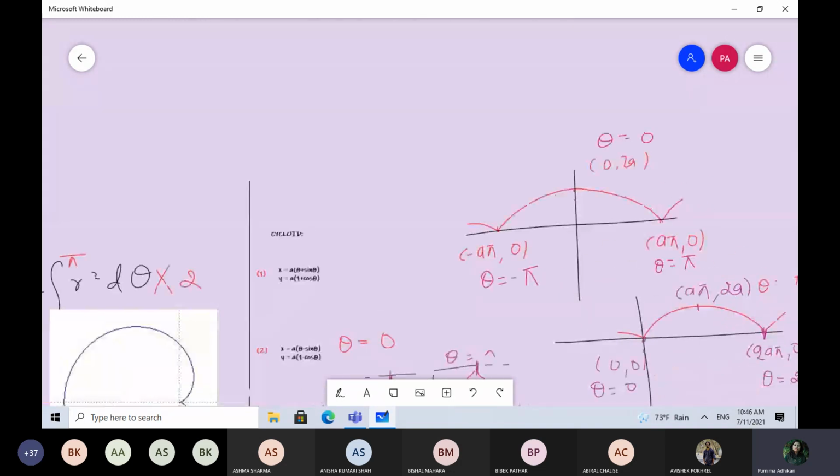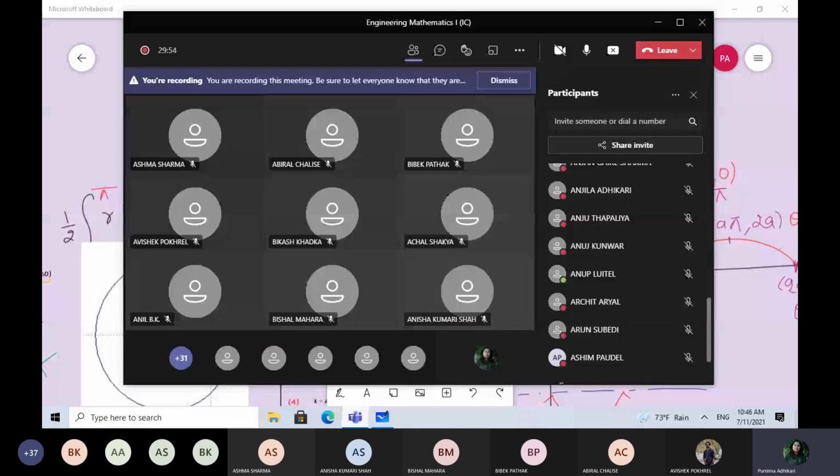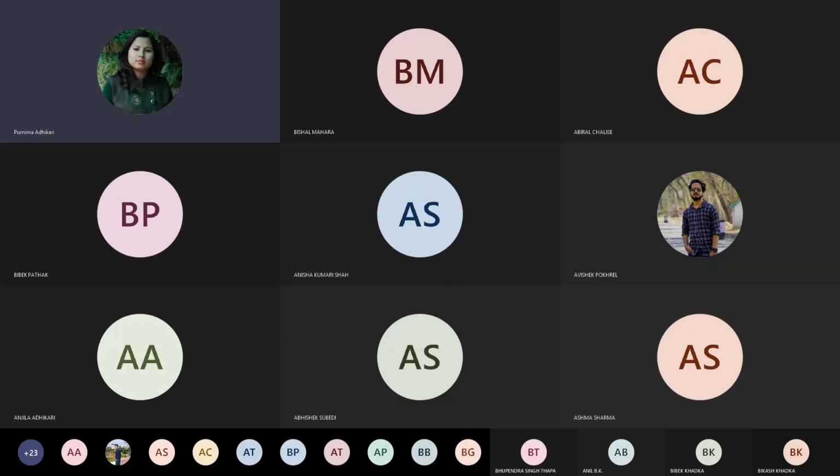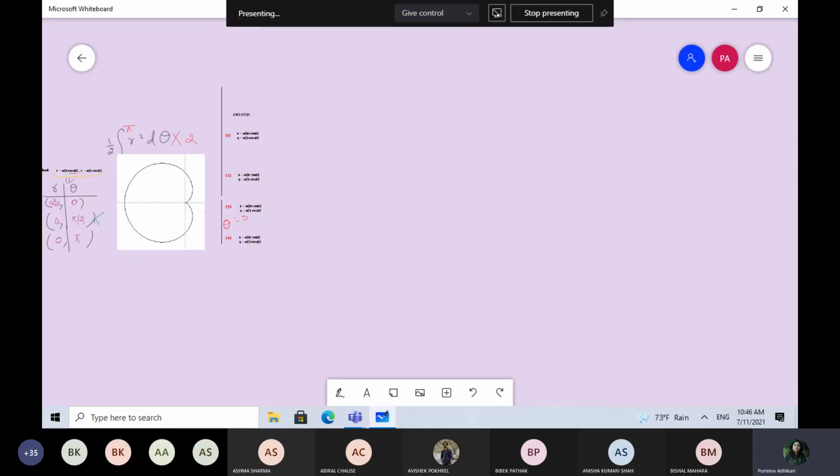Now what is a cycloid? Let me clean my screen first. It has become a bit messy. So next is cycloid.